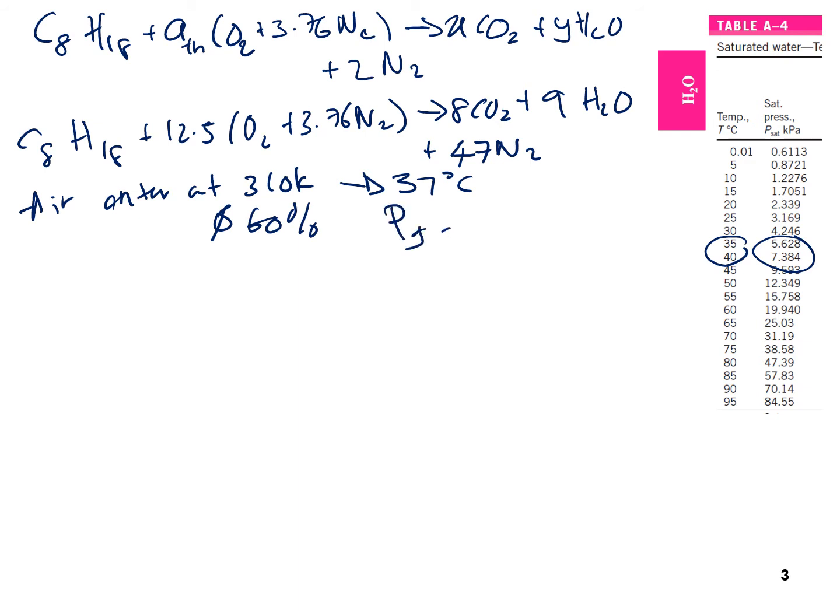So PG at 37 degrees Celsius equals 6.3304 kilopascal.